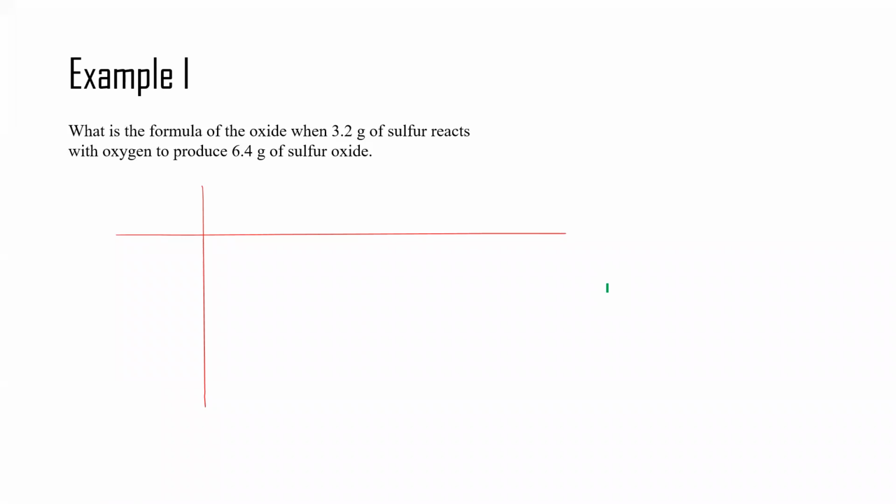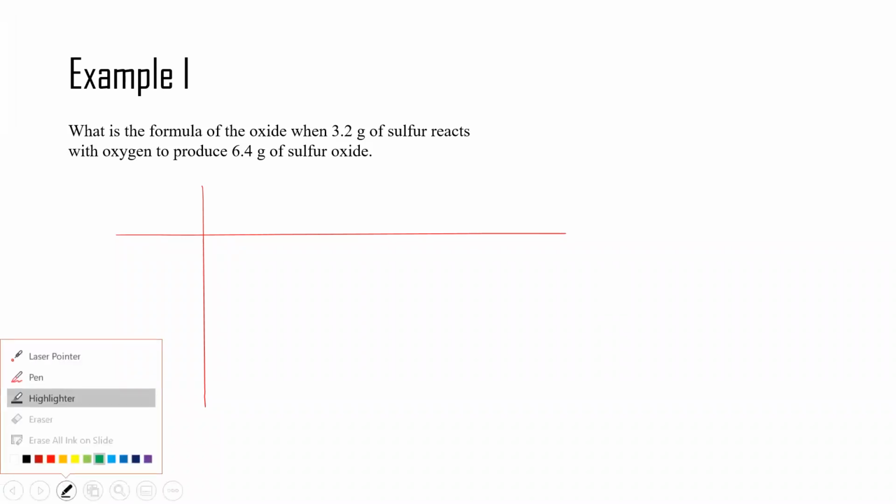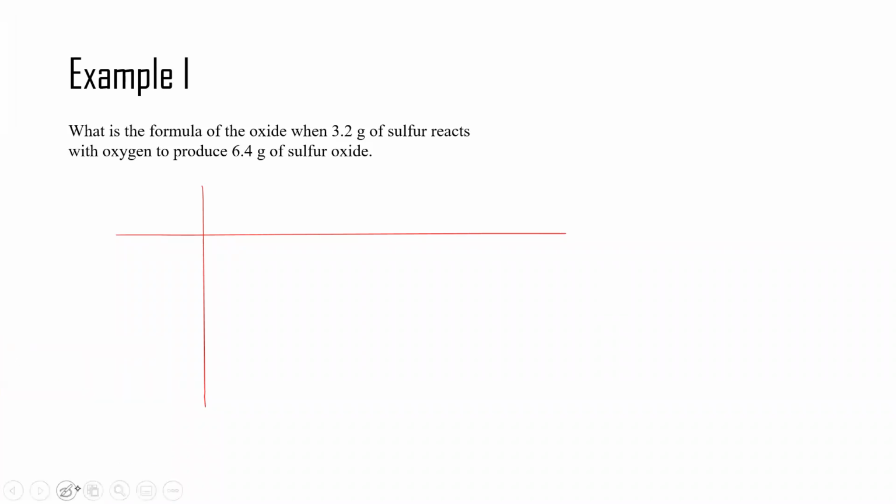Now, let's work out an example. What is the formula of the oxide when 3.2 grams of sulfur reacts with oxygen to produce 6.4 grams of sulfur oxide? So the elements are sulfur and oxygen. We now have sulfur oxide equal to 6.4 grams.